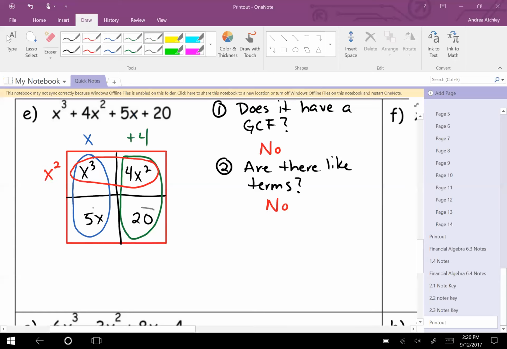And then these two. What's the GCF there? 5 and 20. What can they both be divided by? 5. Okay, so then we need to check.